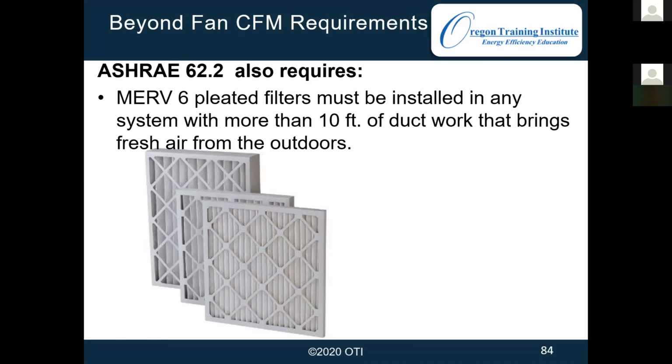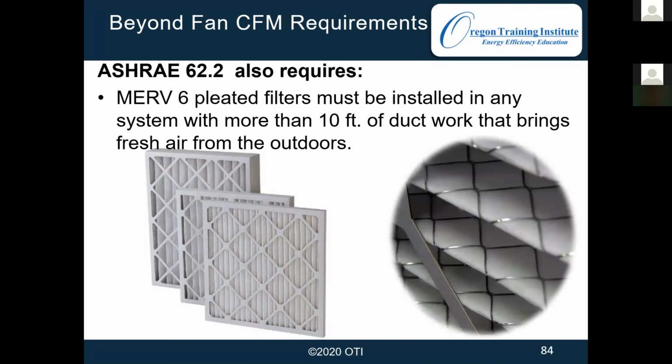If we read it carefully, it says that we need a MERV6 filter installed with our furnace, with our ductwork, when we have a duct that is longer than 10 feet that brings in fresh air from outside. So if we have a fresh air intake on a long duct, that duct is going to need to be filtered with a MERV6 or better. That way we're not bringing in contaminants from the outside, pollen and other things.